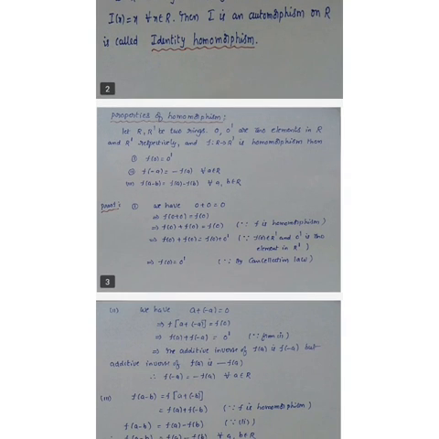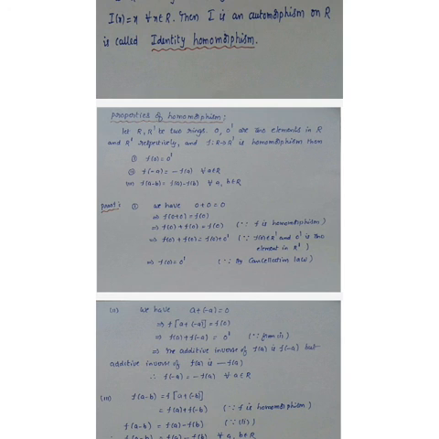Okay. Then we go for properties of homomorphism. This is a theorem. Let R, R' be two rings, 0 and 0' the zero elements in R and R' respectively, and f from R to R' a homomorphism.